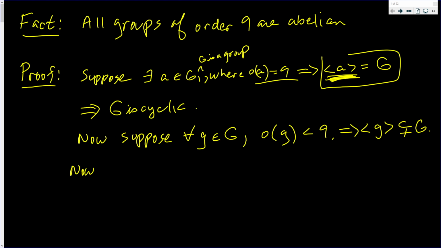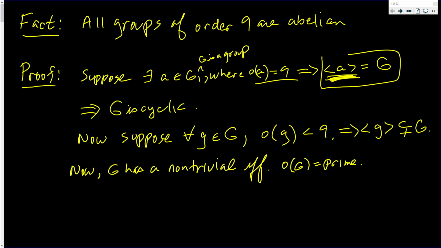Now, G has no non-trivial subgroup if and only if the order of G is prime. But the order of G is 9.